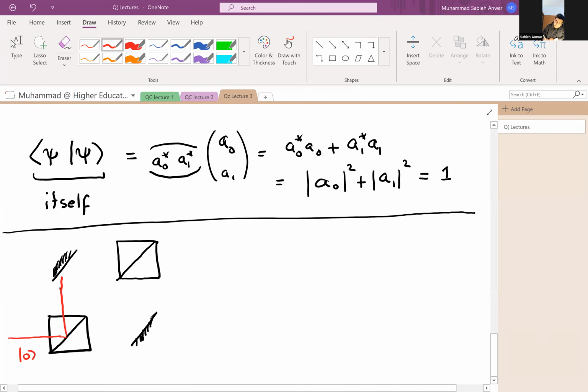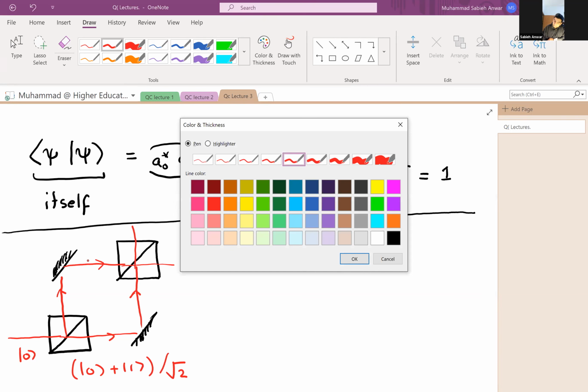The first beam splitter produces a superposition, ket 0 plus ket 1, and I divide by under root 2 as well, just for normalization. The mirrors change the path of the single photon. Now, remember, we don't have multiple photons here in this region.